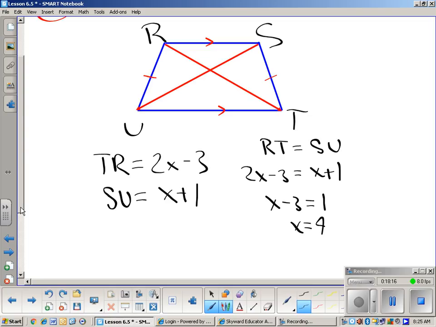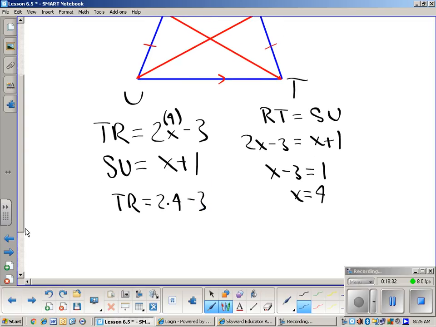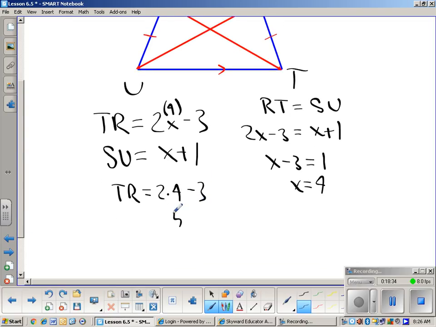Plug x in for here. Okay. You mean plug 4 in for x right here? So 2 times 4 minus 3. What's 2 times 4? 8 minus 3 is 5. So TR is equal to 5.